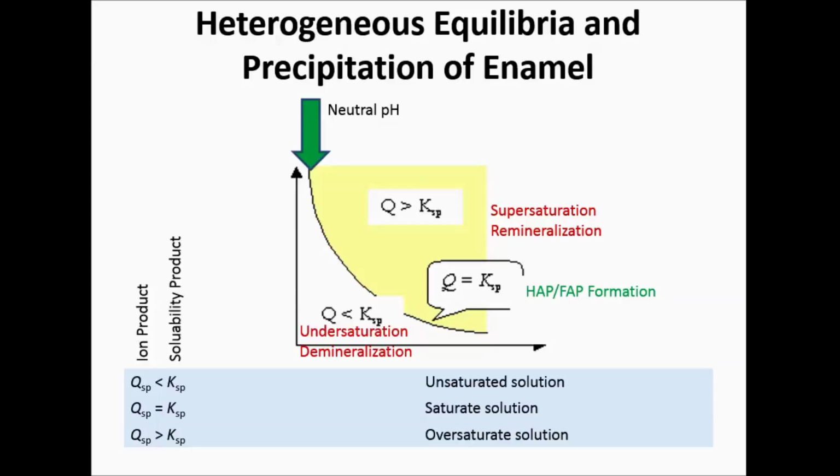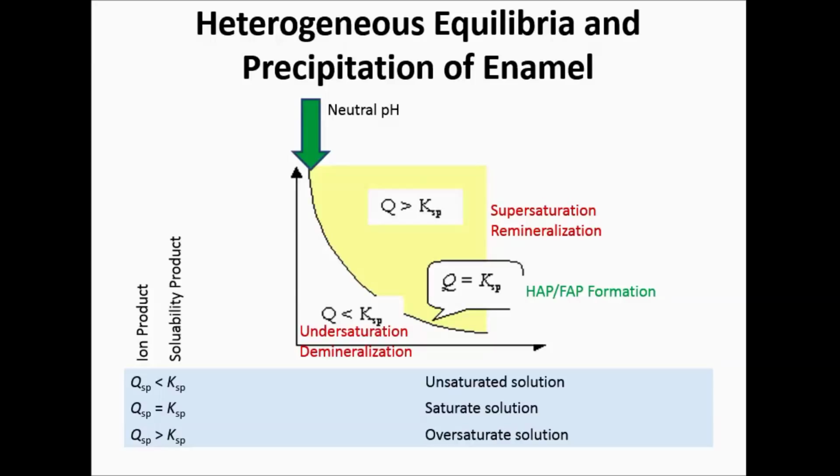At a neutral pH, we have the solubility product of hydroxyapatite crystals being the same as the ion product. Therefore, we have a saturated solution, which can yield formation of hydroxyapatite and fluorohydroxyapatite, depending on the ions which are found in solution.